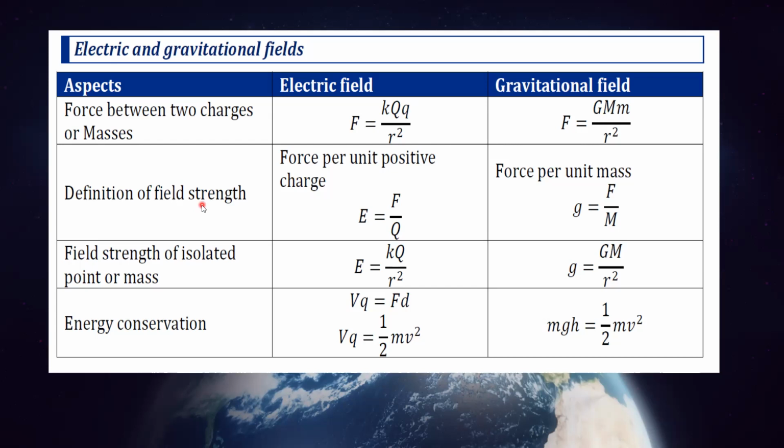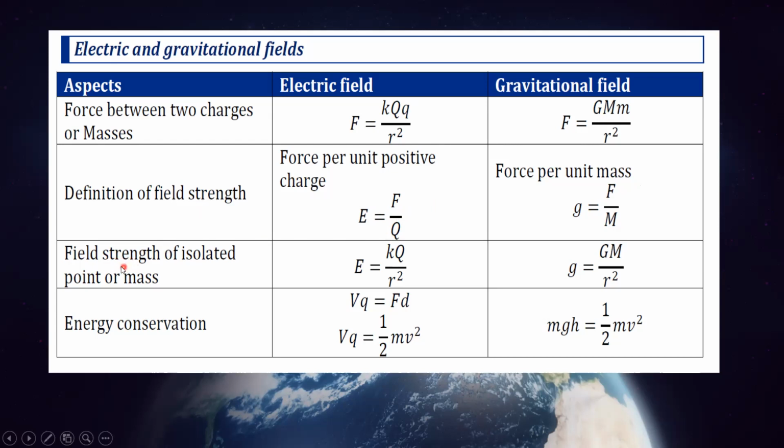How do we find the strength of the electric field? Electric field is force per unit charge, that we did in unit 2, unit 4. And to find the gravitational field strength, it is force divided by mass.